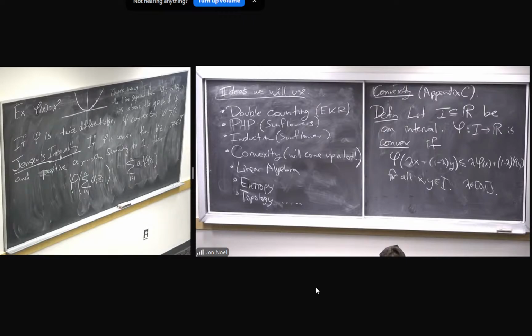Okay, maybe to test your intuition with convexity, really quickly, thumbs up if you think it goes this way, and thumbs down if it goes this way. It's a 50-50 shot.